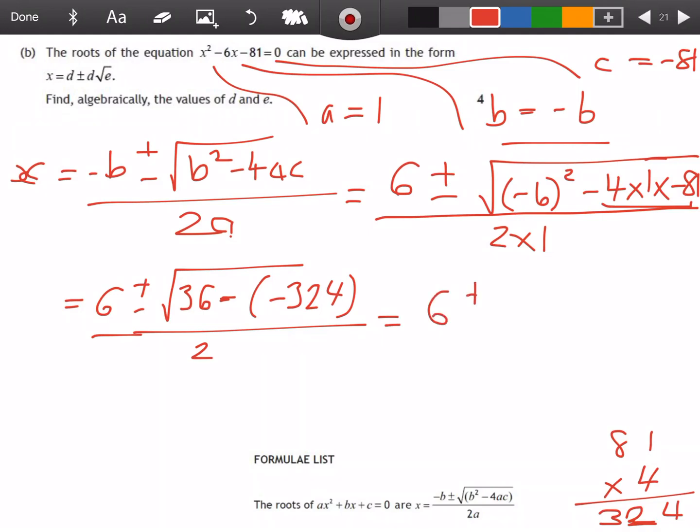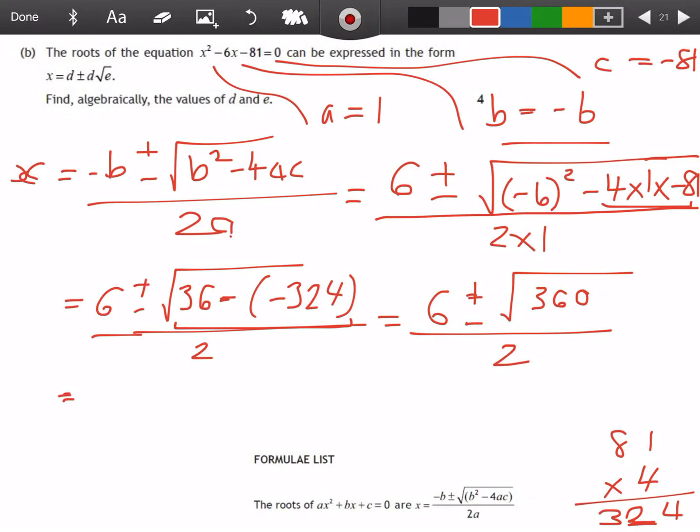Again, tidy it up a wee bit. It's 6 plus and minus the square root. Now what happens when you do 36 take away negative 324? It's 36 plus 324, which is 360. And yes, remember, it's non-calculator. So what does it say?